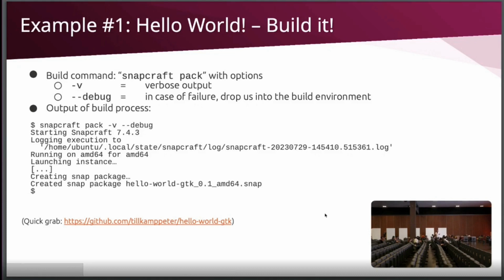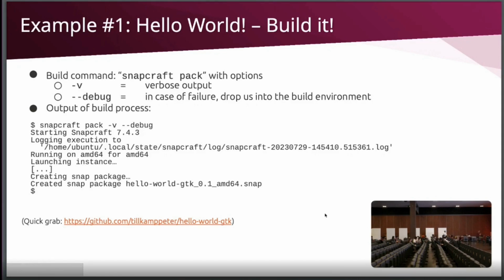It's /snap/name of the snap/current. This is the immutable file system. It's read only. And you have /var/snap/name of the snap/common. And this is the dynamic file system where you can also write files.